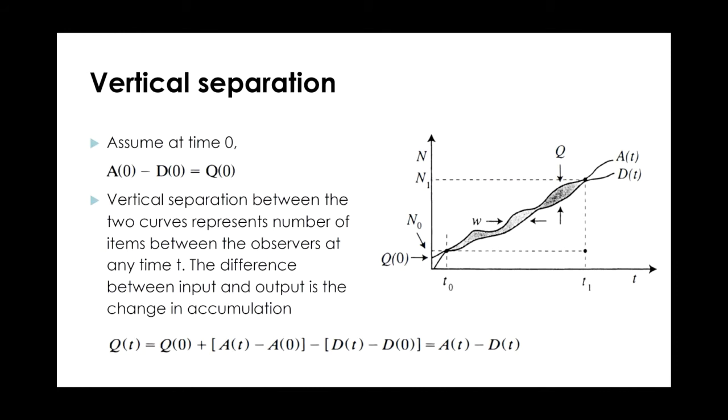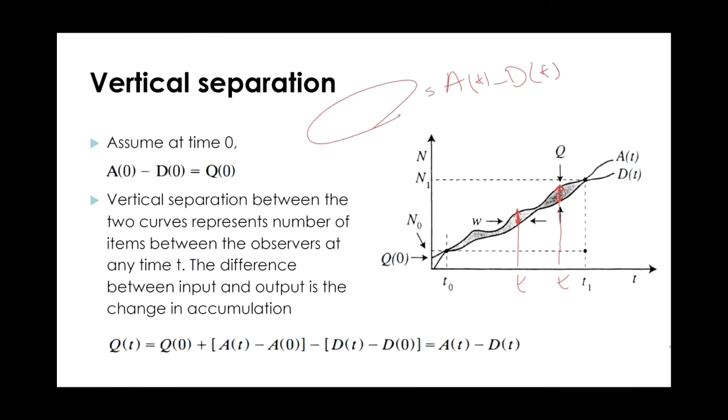And then, going back to the vertical line that I was talking about, what does the vertical line actually represent? At any time t, I can plot this vertical line, right? The vertical line would be A(t) minus D(t).